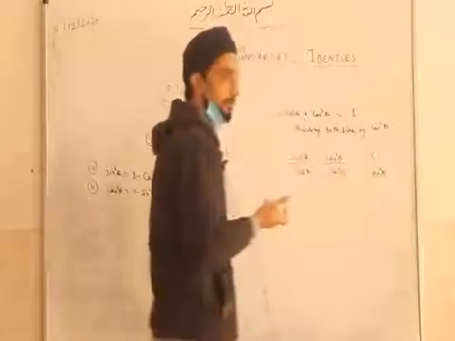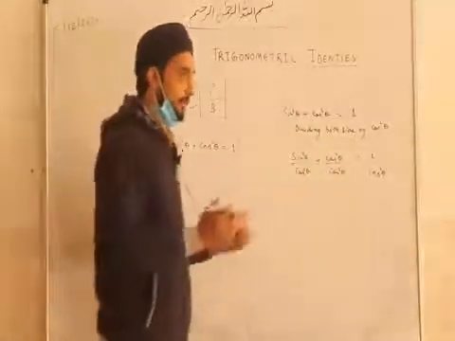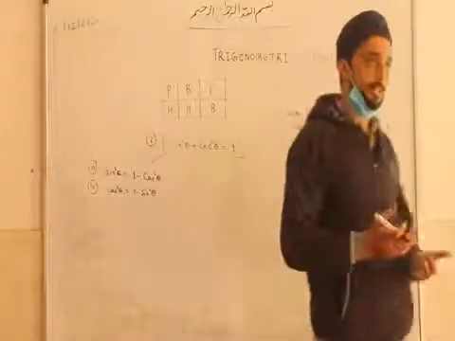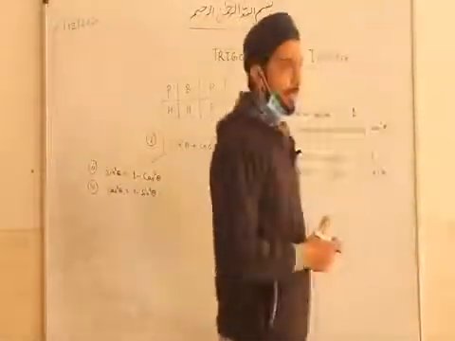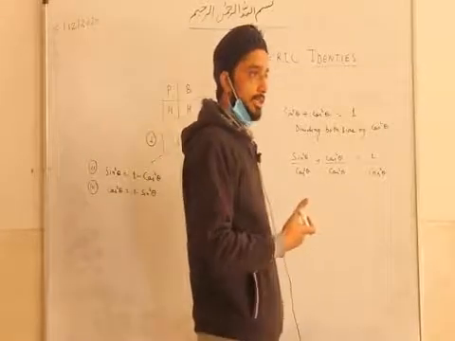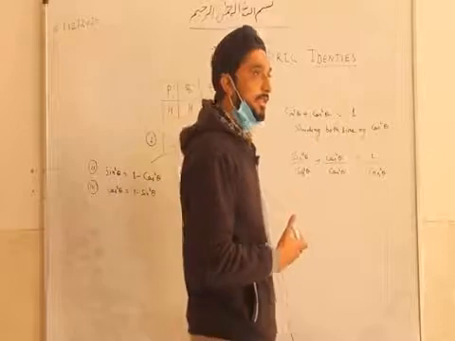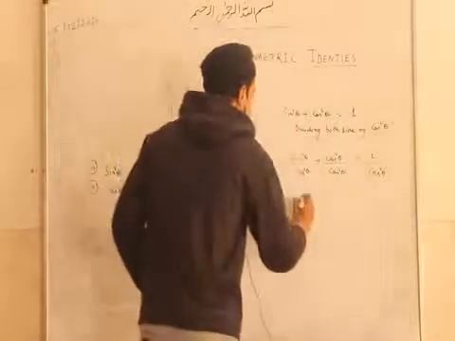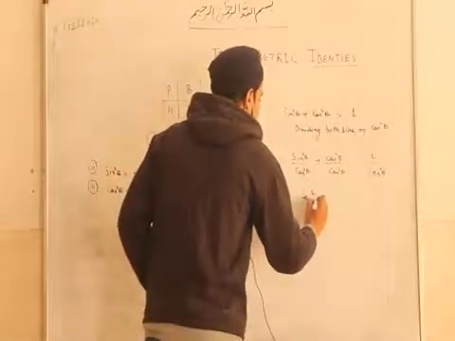We can use this mathematical logic, dividing both LHS and RHS by the same value. So sin by cos, I told you yesterday, is tan. So this is squared, so we can write tan square theta.